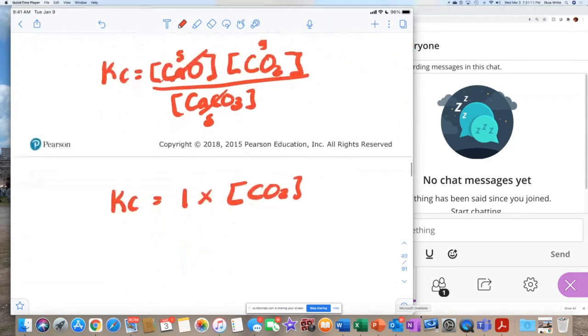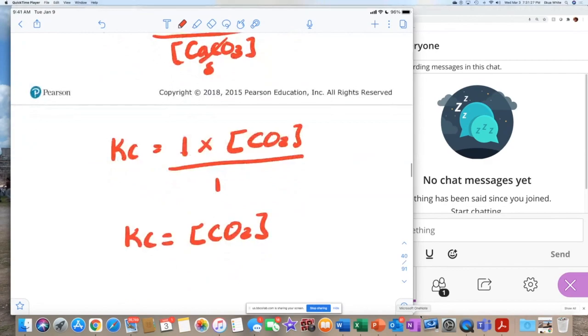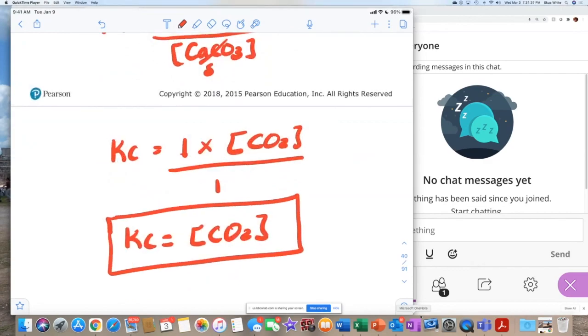They don't say do it that way here, but let me tell you why I like the high school method that I learned. Kc equals 1 times CO2 divided by 1. Let me show you why I like my high school method versus the way it's displayed in the book sometimes.